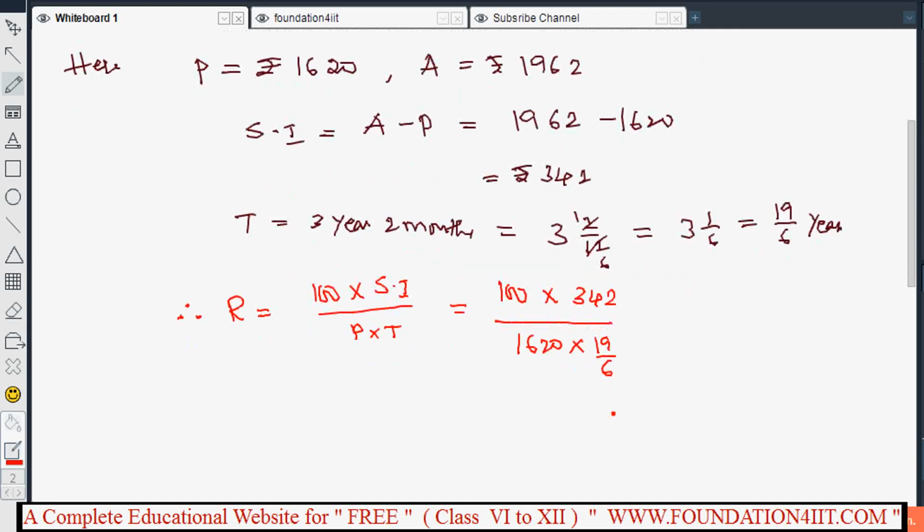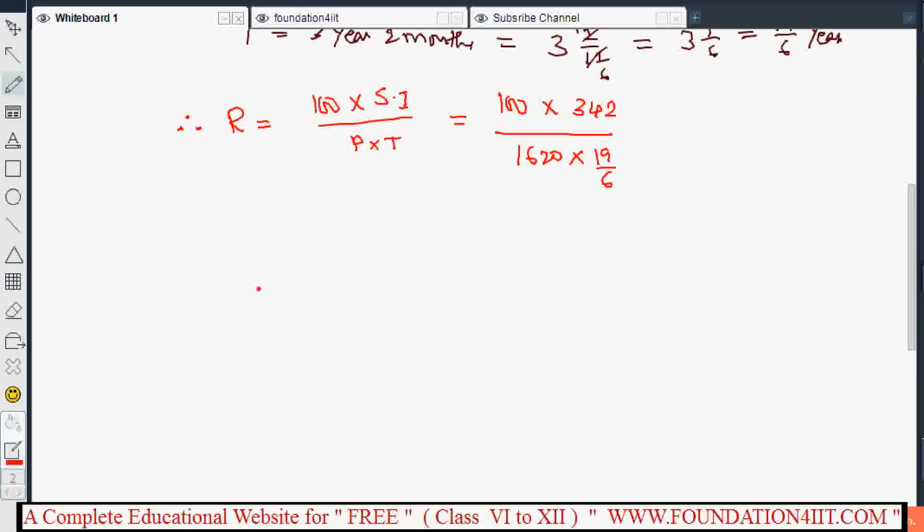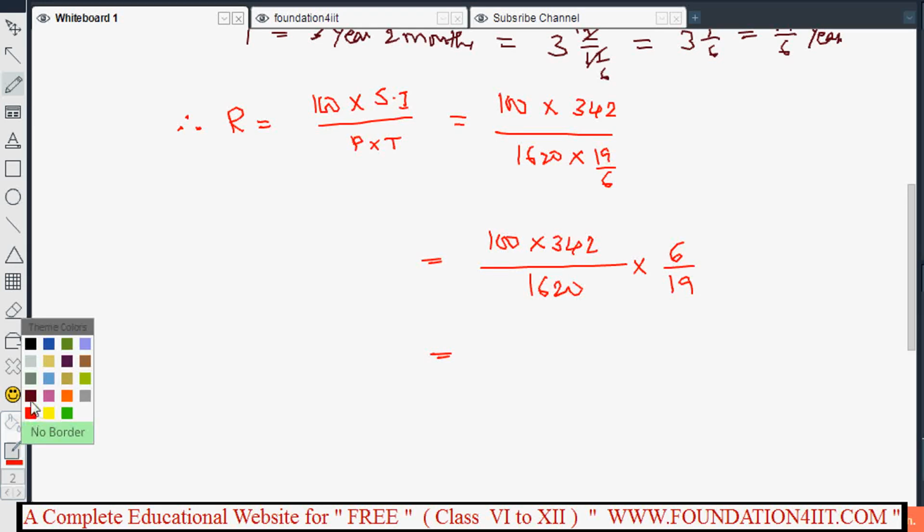If you take 19 by 6 to the numerator, it will be the reciprocal. That is 100 into 342 by 1620, and 19 by 6 we can write as 6 by 19. Now this is the percent per annum, so we ought to simplify this. So, doing cancellations.